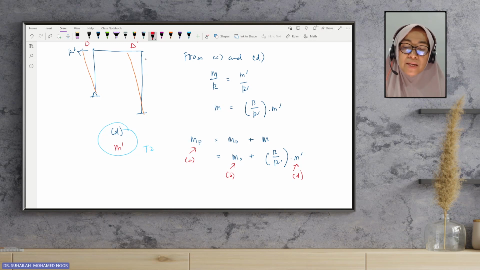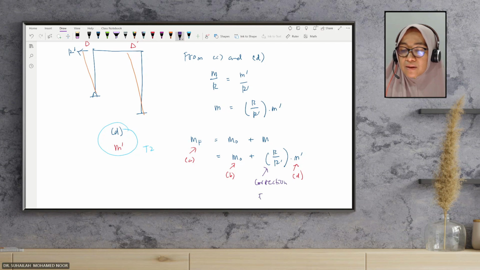So that is why at the end of analysis, we use M naught plus R divided by R prime times M prime. So what is R divided by R prime? Because it is based on the assumption of FEM, we have what we call a correction factor.